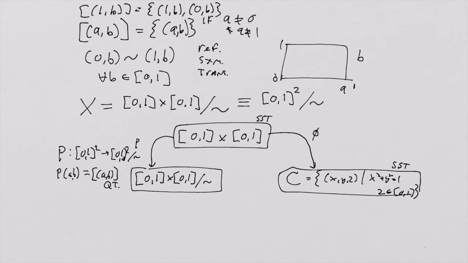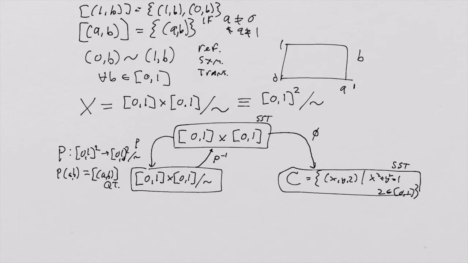Now, is the projection map continuous? Well, to answer that question, you have to know, does the inverse of the projection map take open sets here to open sets there? So every open set here under the inverse projection map had better be an open set up here in order for P to be continuous, because remember, continuity is always driven by the inverse function.